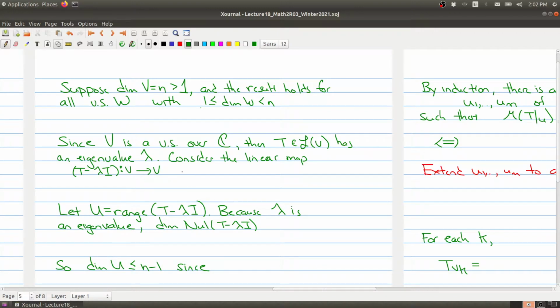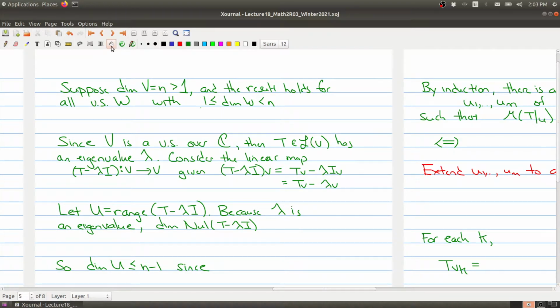Remember what this means: I plug in v, and as output I get Tv minus lambda Iv, or another way of thinking about it, Tv minus lambda v. So this is my new linear map, and we want to let U be the range of this map.